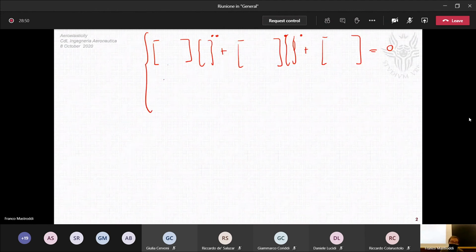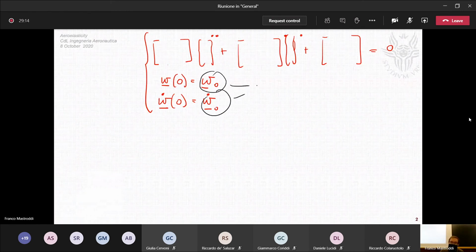And you have initial conditions for W. You know the vector W at the beginning as W0, and you know W dot at the beginning of time, and you know this initial velocity vector like W dot 0. So these two vectors here are known.